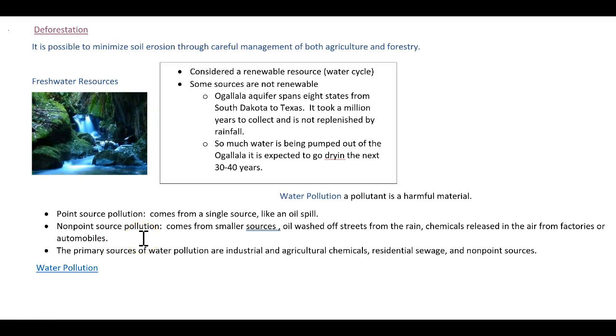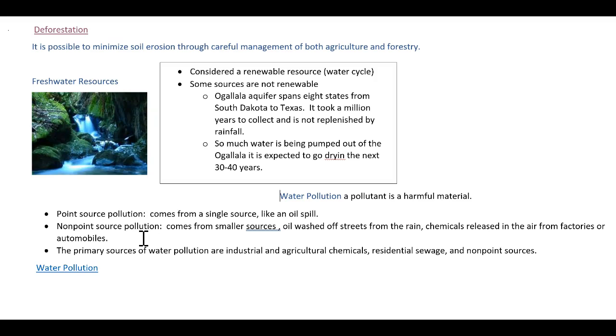A non-point source pollution, which would come from smaller sources, these are things that you probably don't even think of. Oil that's washed off the streets from the rain, chemicals that are released from the air from your factories or from your cars or from heating your homes. Those are non-point source pollutions.